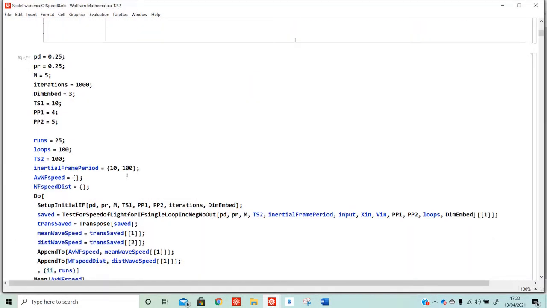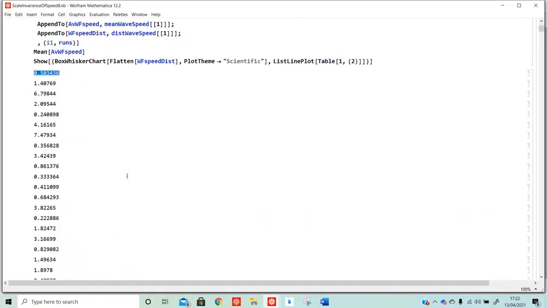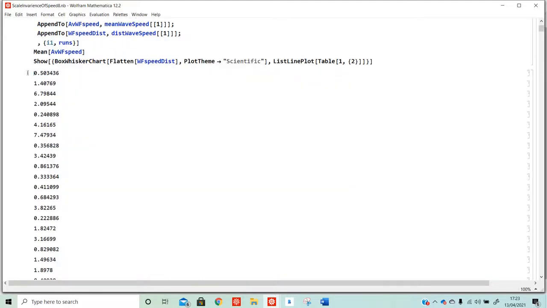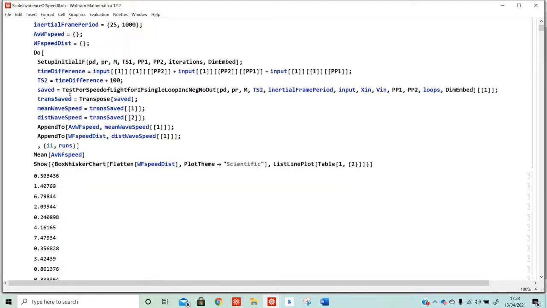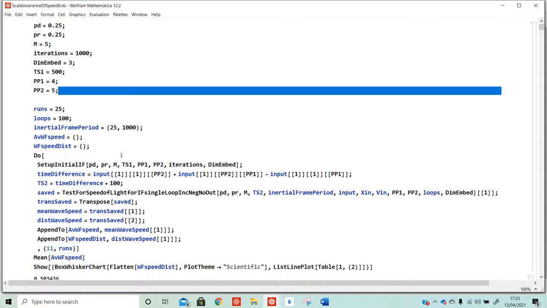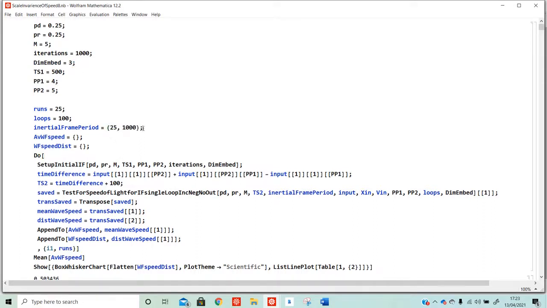So what I then did was I took a mean, or an average, over that, and for each of these we have a certain number of runs, and you can look at this information here. m is the number of point particles. TS1 is the amount of time that the system has been allowed to evolve. This is just defining the point particles, the dimension that we're embedding in. This is defining the inertial frame, so that's defining when the inertial frame occurs.